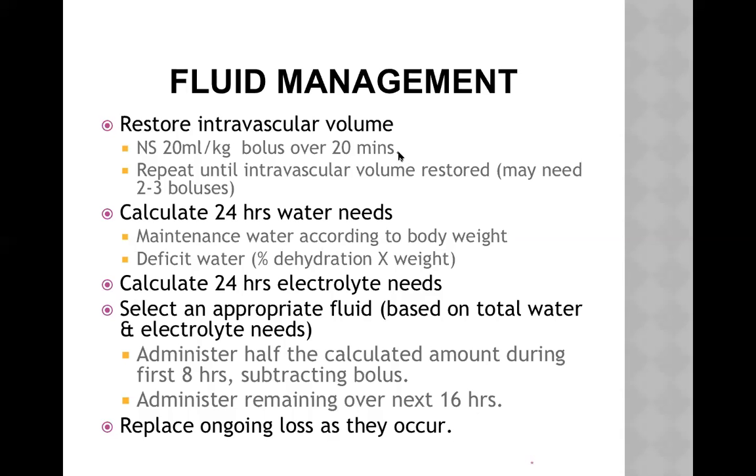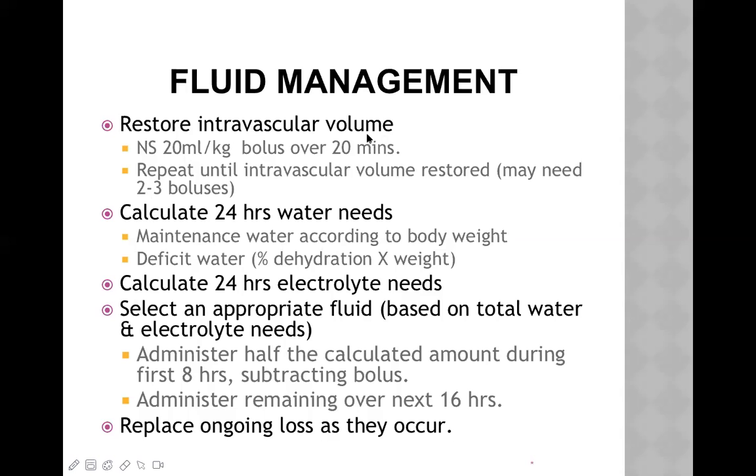And how many boluses can we give? Up to 3. Sometimes even 2 boluses are enough. But if the blood pressure is not rising, or the pulse rate is not decreasing, then I can give up to 3 boluses. Now let's quickly take one example here.